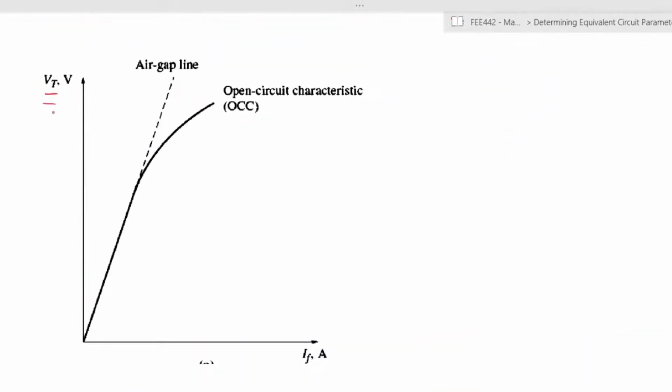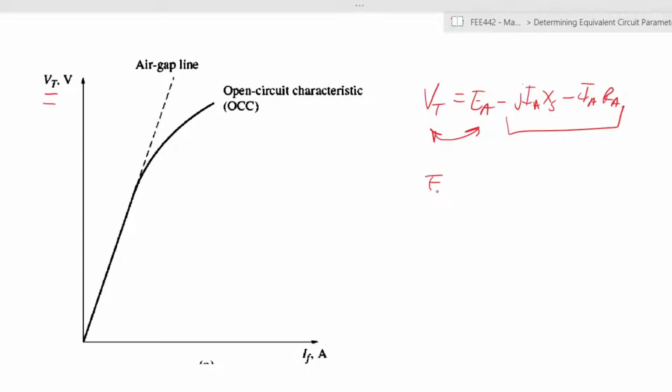Now, remember, this can be found in that VT is equal to EA minus j IA XS and minus IA RA. So to some extent, VT and EA have a relationship with each other, barring the effects of these ones. So there's a direct relationship between the two.